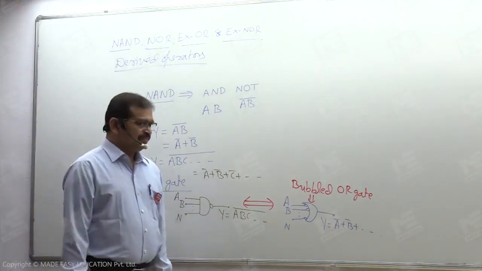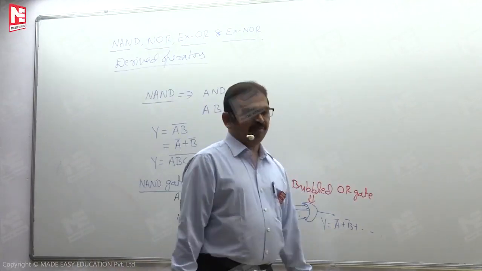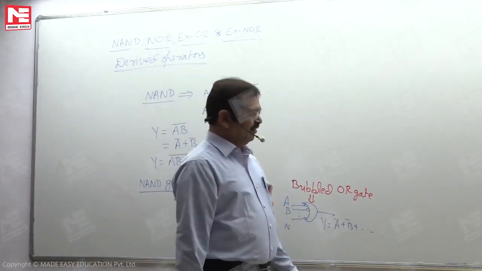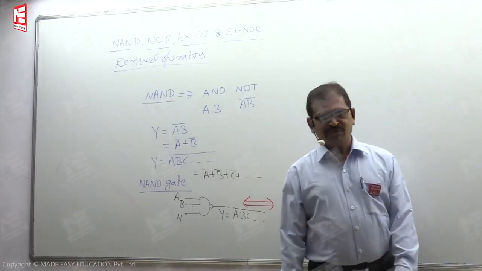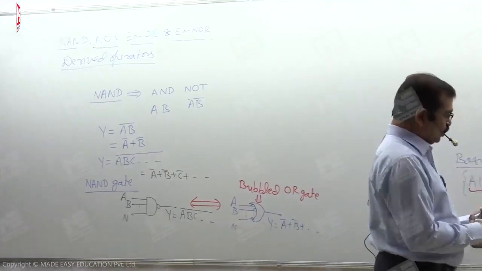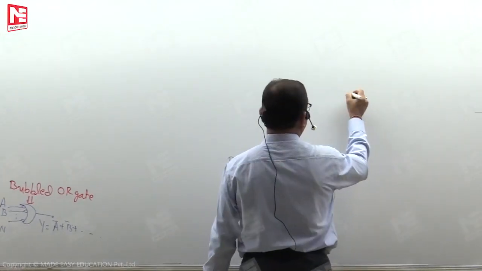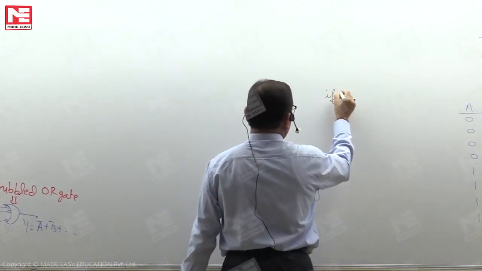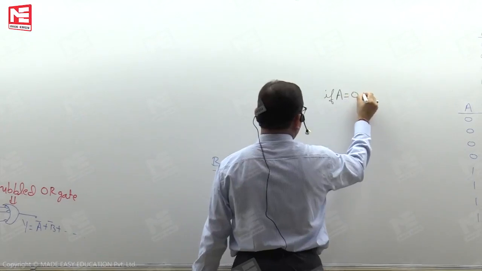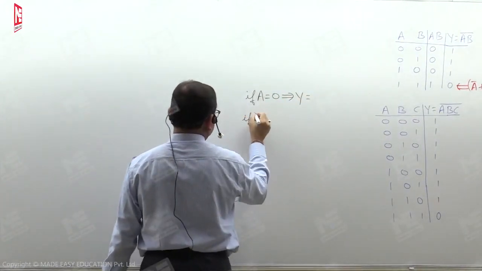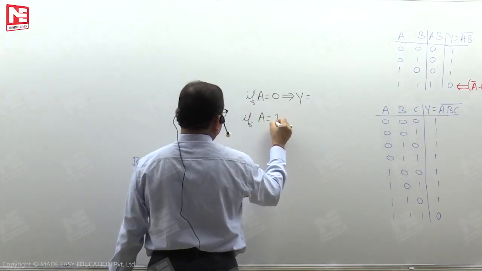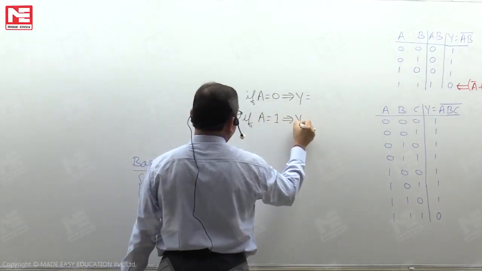While discussing the AND and OR binary operators, I said whenever the logic gate has more than one input, we are interested in the results such as: if one of the inputs of the logic gate is 0, what is the output? If one of the inputs is 1, what is the output?